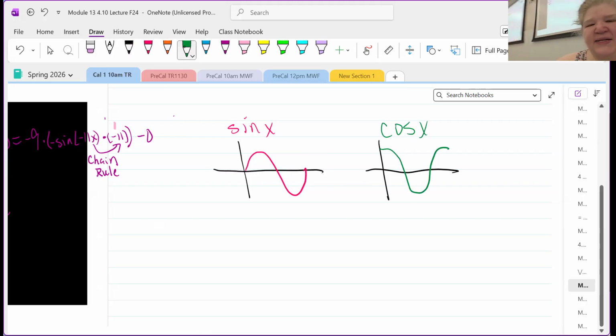When I'm looking at sine x versus cosine x and I'm thinking about their basic graphs, the tangent line at 0 has a positive slope. The cosine function at 0 is equal to a positive number. So the derivative of sine is cosine.